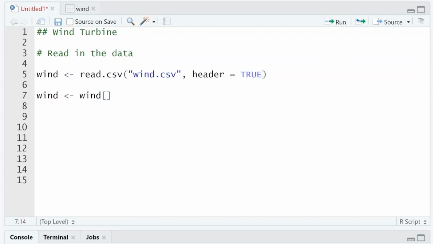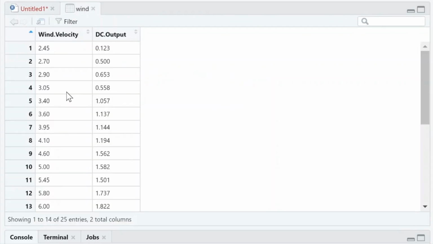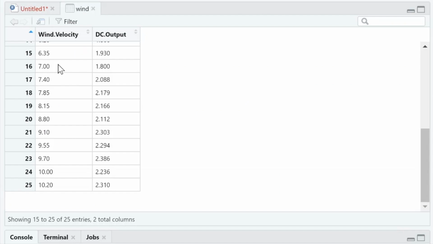I want all the rows, so I'm just going to leave that blank. I can even put a space there. And then I just want columns 1 and 2, and I can say 1 through 2 and be fine. I could also do c, concatenate 1 and 2, but for now I'm just going to do this, and we'll see over here the number of variables has changed, and it's just our two friends, wind and power.